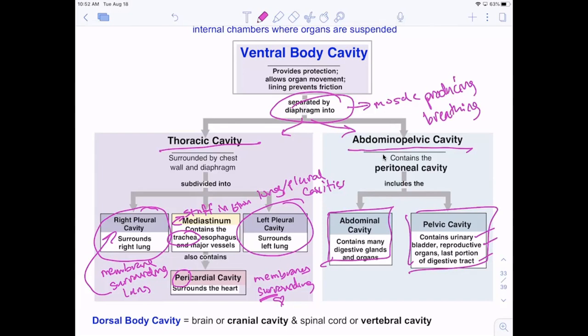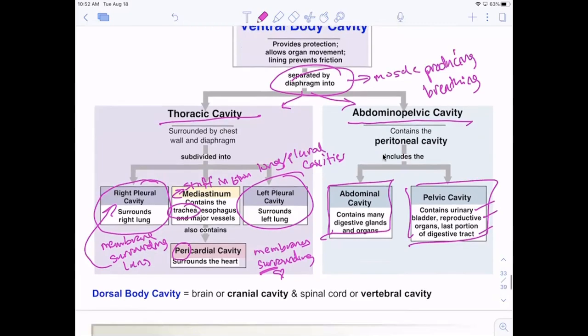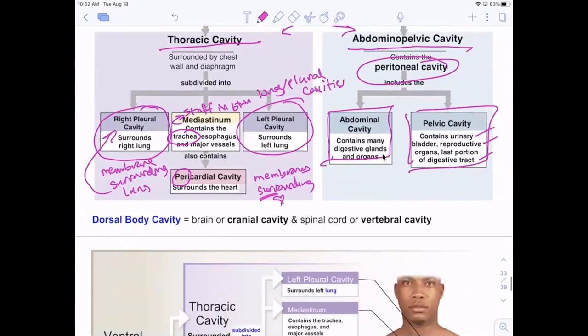So the upper part of your GI tract, your liver, your stomach, your pancreas, those kind of things. Now, there are membranes that surround some of the stuff in the abdominopelvic cavity, and that is the peritoneum or peritoneal membranes.